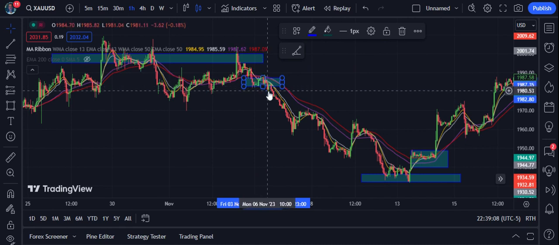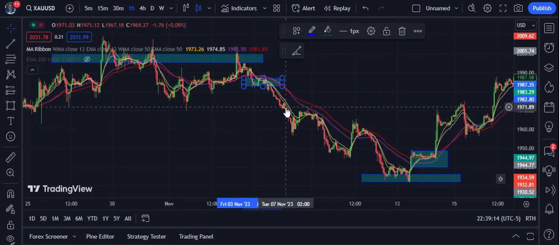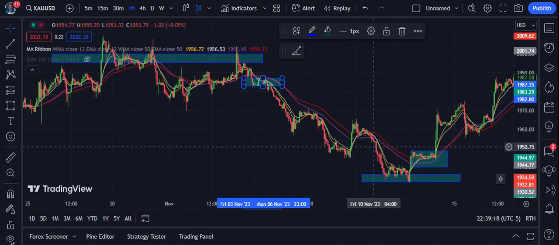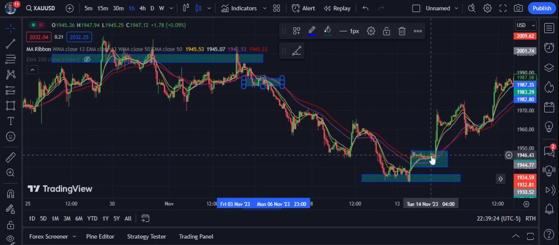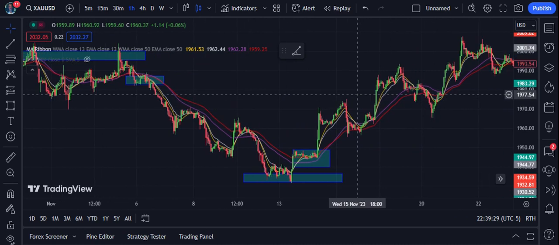Then I would place a trade and go down, and hold this trade until I notice a change. If I notice a change like here, I probably would have exited here and looked for another entry. And basically that is my current trading strategy, and that's how you trade with ribbons.